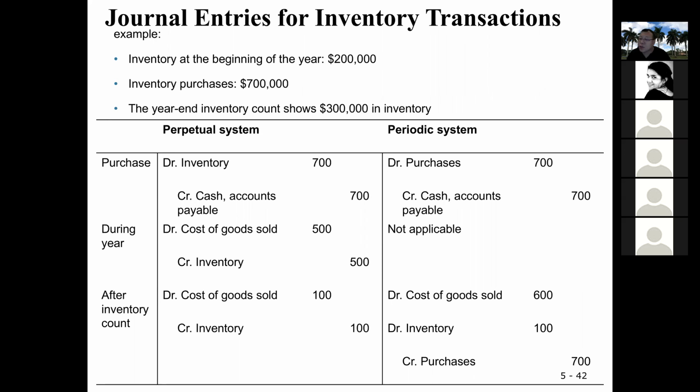So that means whenever you have an addition or a withdrawal, that all comes through the inventory account, because they are keeping track of the inventory level. So when you have a purchase, your inventory level increased. So that's why you debit the inventory.